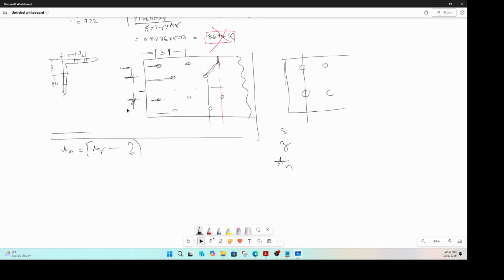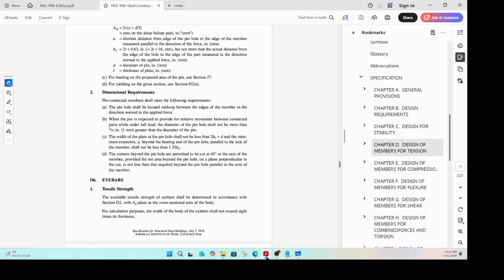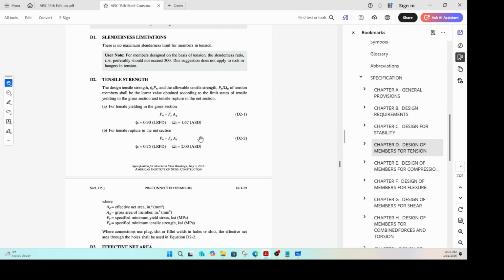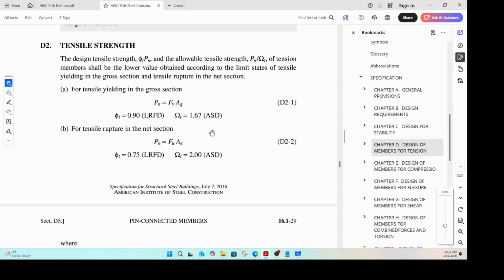Okay. So in short, we talked about tension members, the entire chapter. The main content is here, wherein we're trying to figure out the tensile strength of a connected member. That tensile strength is the minimum of yielding and rupture, and yielding happens on the gross area, rupture happens on the net area.